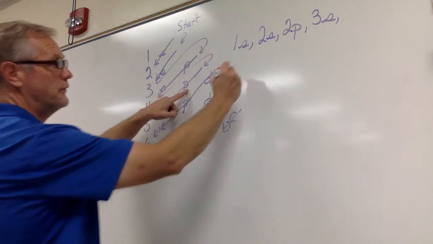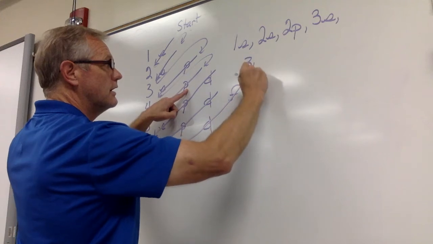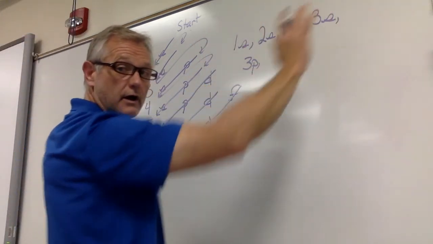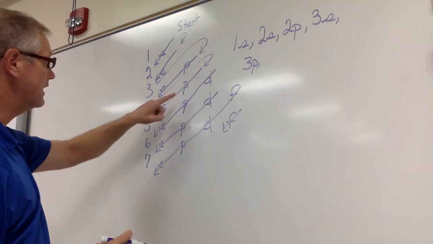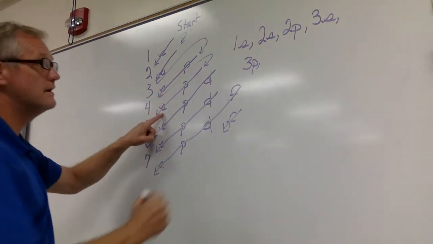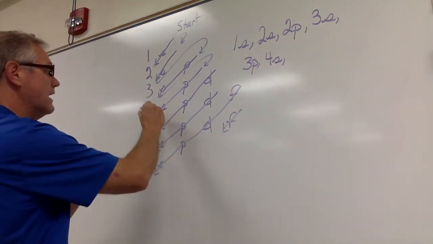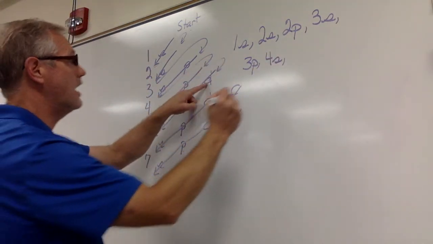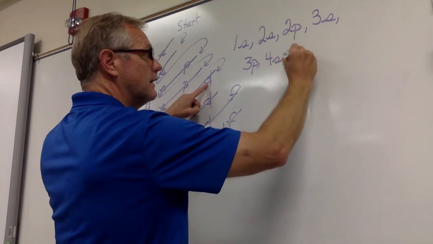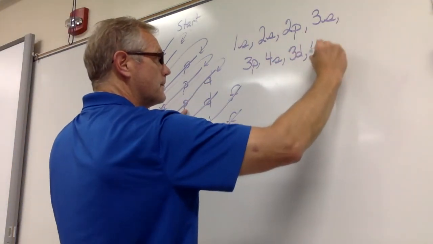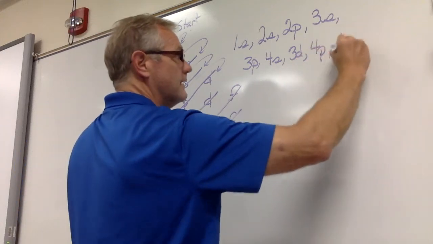I've got 3P. I'm just going to come down like this, just simply because you would run out of the camera on that side. So it goes 3P and then 4S. Then come back up here and I got 3D, 4P, 5S.